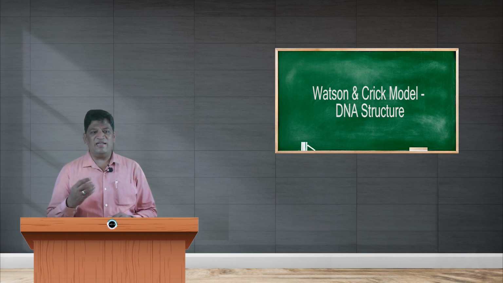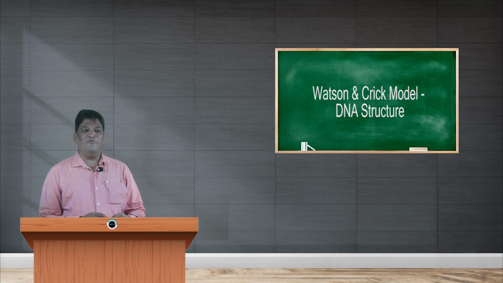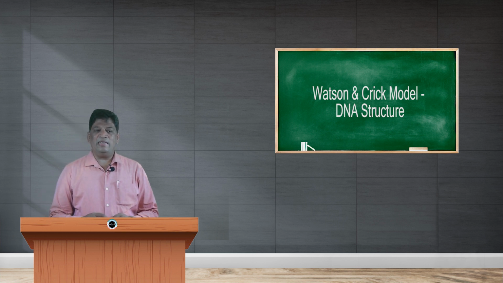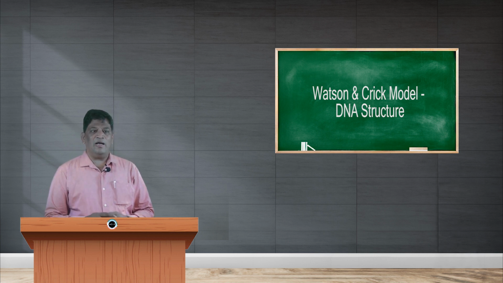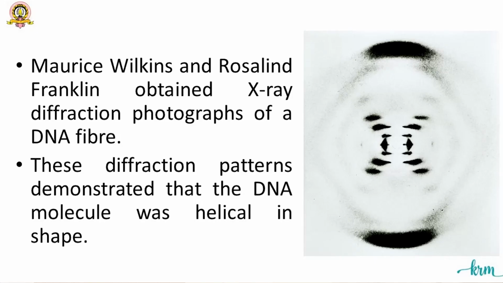The mechanism of genetic transmission and the identification of the genetic material as DNA formed the fundamentals of our current understanding of biology at the molecular level. Initially, the structure of DNA had not been elucidated. Rosalind Franklin obtained X-ray diffraction photographs of DNA fibers.